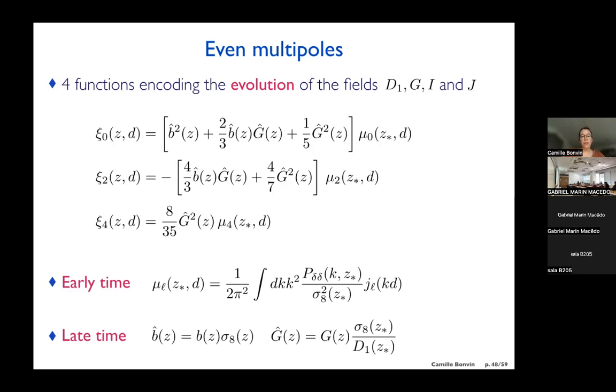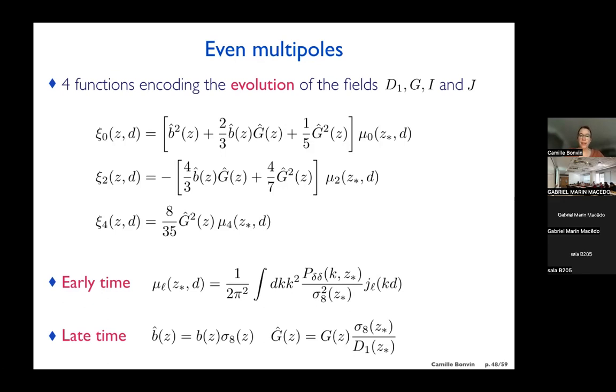And then we have quantities at late time. So we have this B hat and J hat. So B hat is the product of B and sigma 8, the amplitude of the power spectrum. And J hat is J times this combination sigma 8 over D1.